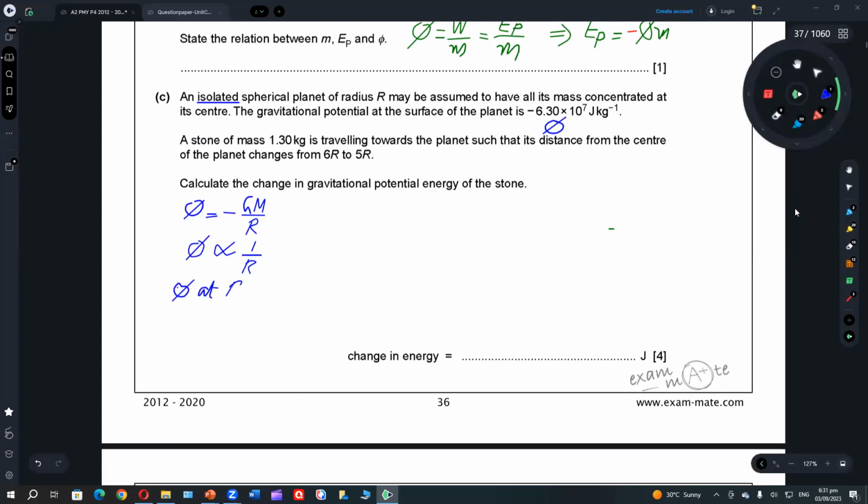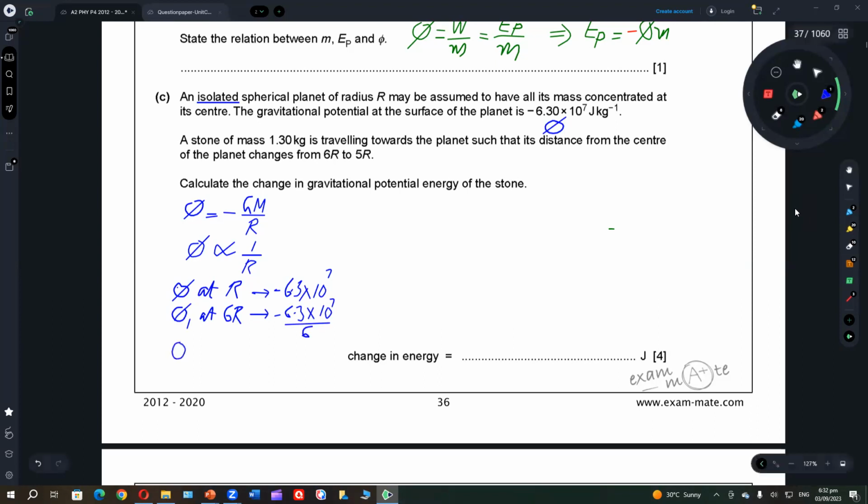Phi at R, how much is it? 6.3 into 10 to the power 7. So potential at 6R, I have to divide it by 6.